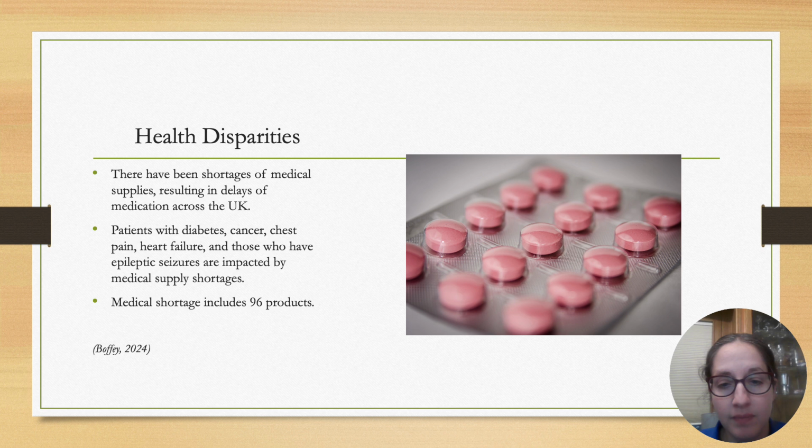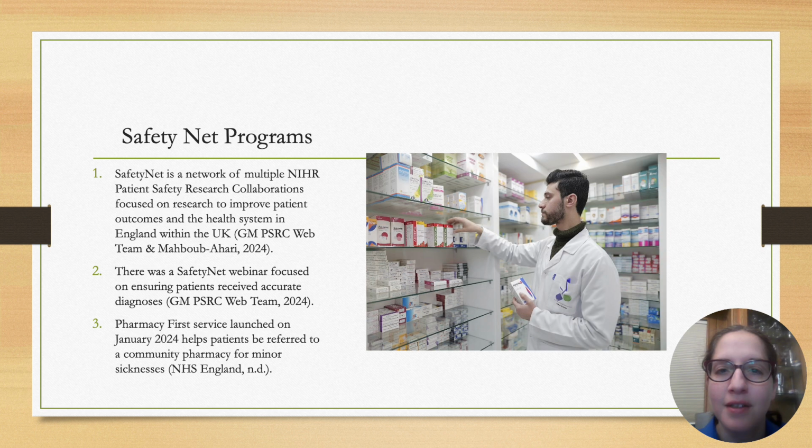For safety net programs, there's an established safety net, which is a network of multiple NIHR patient safety research collaborations. It's focused on research to improve patient health outcomes and the health system in England, according to GM PSRC web team and Mahabubari 2024.